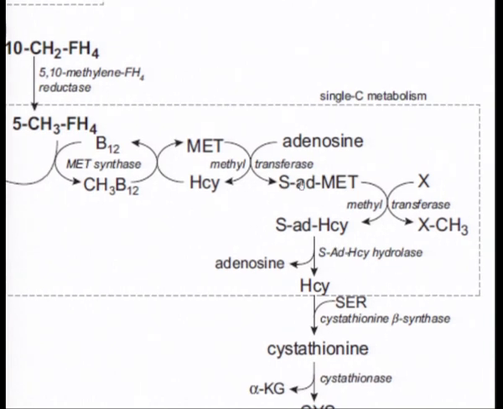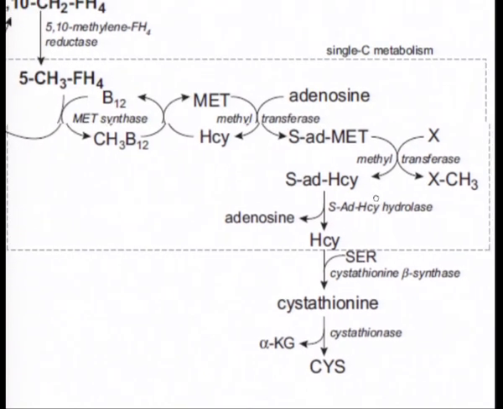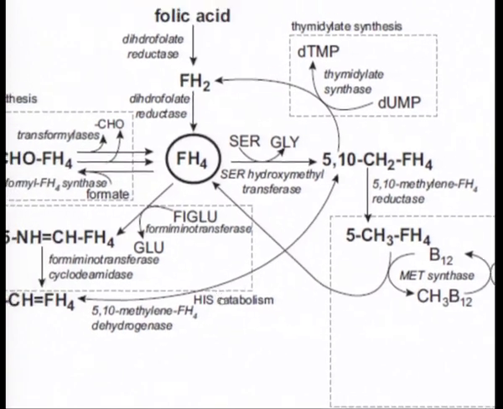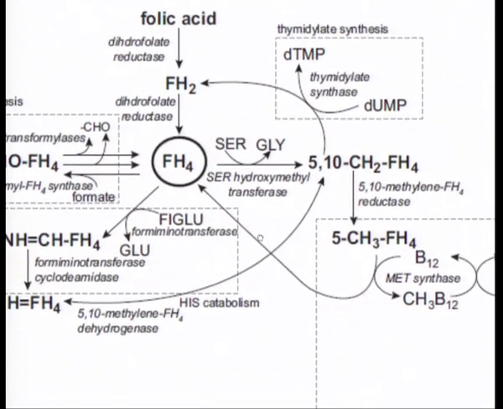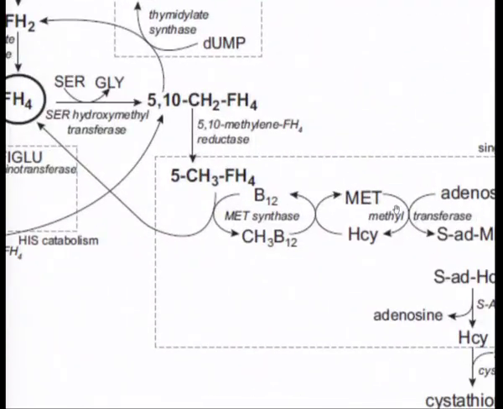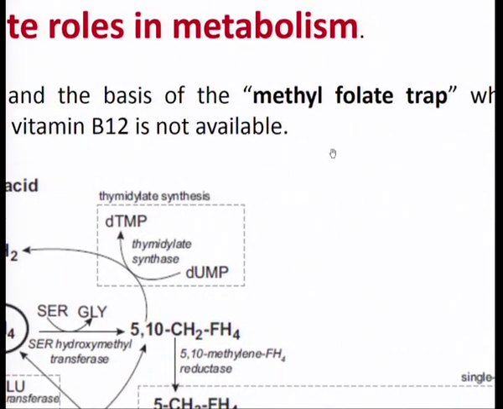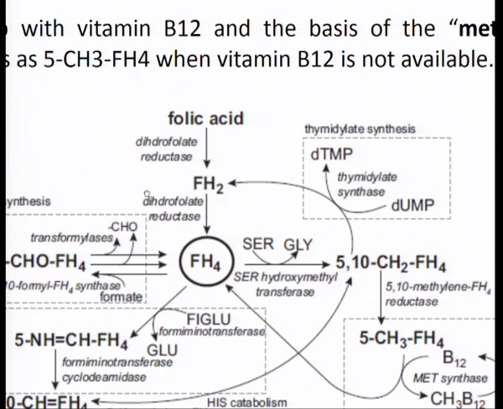Then adenosine gets converted to S-adenosyl methionine. The reaction proceeds further, and here you have cystathionine and finally cysteine. This is a series of reactions, and all these reactions are interlinked, which is surprising. So any deficiency in vitamin B12 would be reflected directly as the methyl folate trap mechanism.